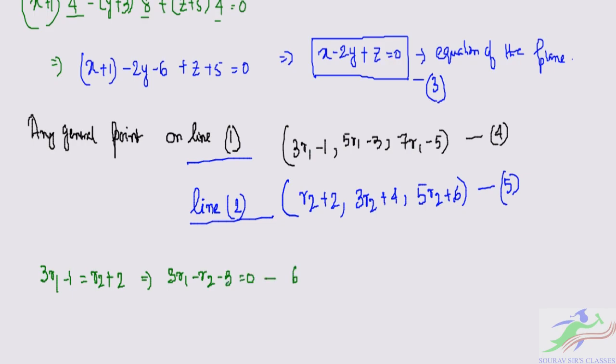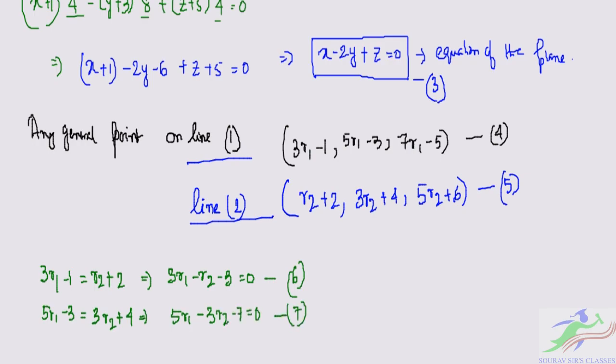Let us take this as equation 6. Then 5r1 minus 3 equal to 3r2 plus 4, which simplifies to 5r1 minus 3r2 minus 7 equal to 0.